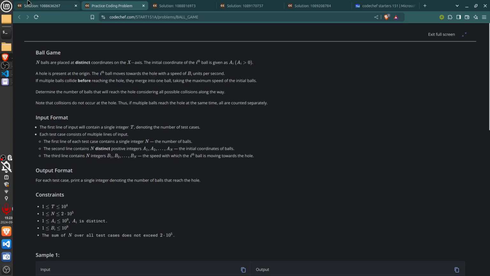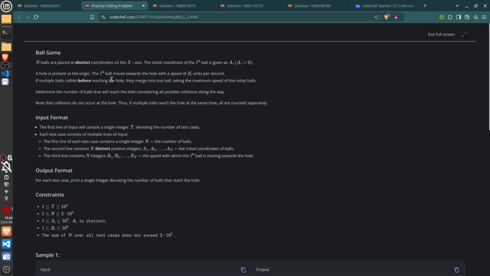So the distinct x coordinates, so none of them overlap, but also it's guaranteed that the coordinates are greater than 0. So there's a hole present at the origin. Each of the balls are moving toward the hole, and it gives you the speed per second.